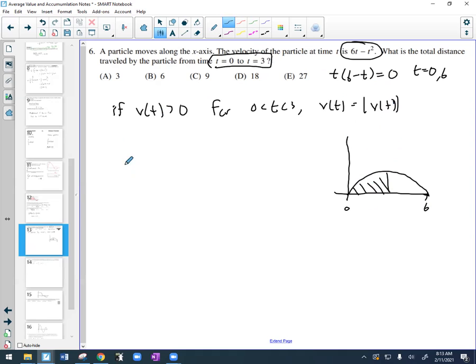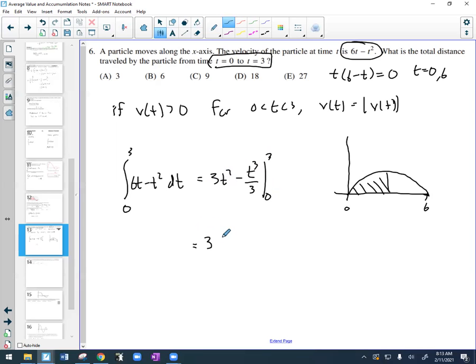But this one's not, so I'm going to go from 0 to 3 of 6t minus t squared dt. You add 1 to the power and divide by the new power: 3t squared minus t cubed over 3, running from 3 to 0. 0 is just going to disappear.